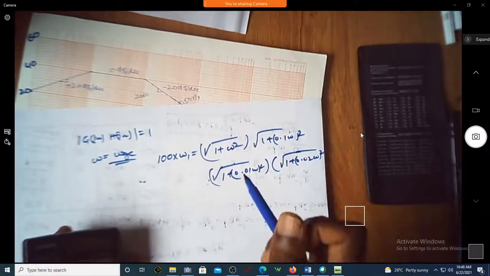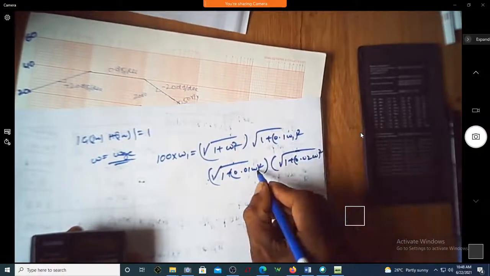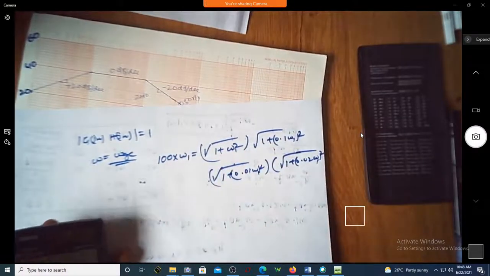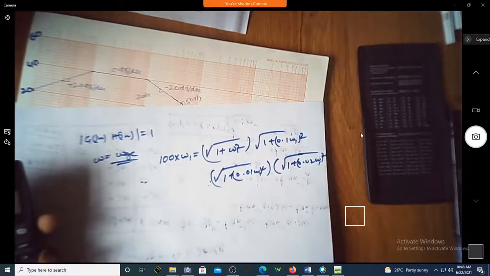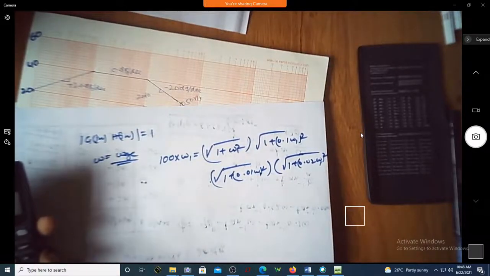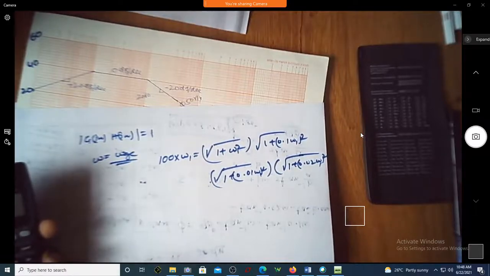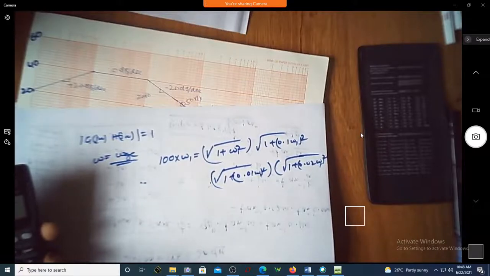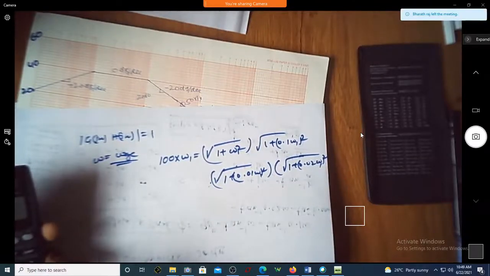These are all omega, sir. Omega 1 corresponds to, we are actually supposed to find what is omega 1 if this is equal. Shall we do that? So 100 alpha A equals, open the parenthesis, 1 plus alpha A squared, close, into the square root of 1 plus 0.1 alpha A whole squared.